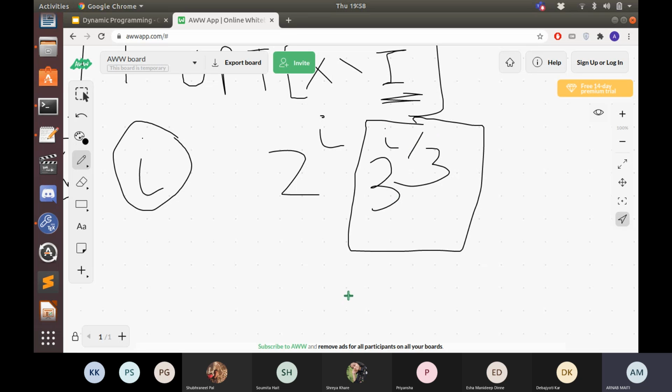Basically it's the cube root of 3. What is the cube root of 3? I forgot. Was it 1.7? Yeah, it was around 1.7. So it is 1.7 to the power I. What was the cube root of 3? Wait.